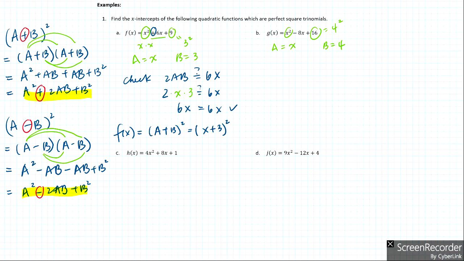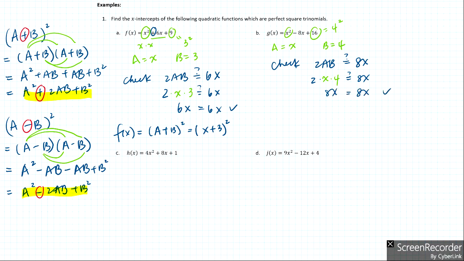Now I want to check whether 2ab is equal to our 8x. And a is equal to x, b is equal to 4, and we want to see whether that's equal to 8x. So multiplying everything out, we do get 8x is equal to 8x.